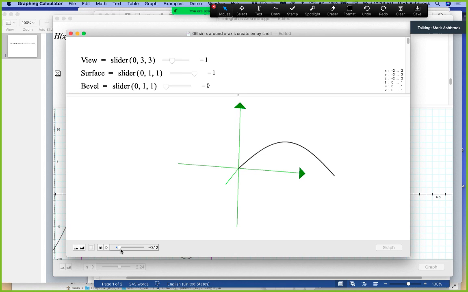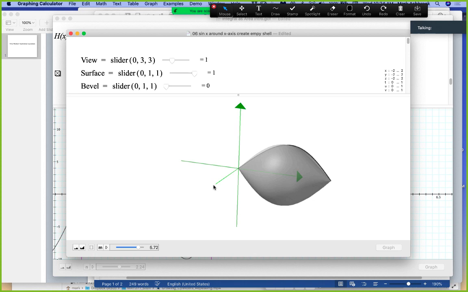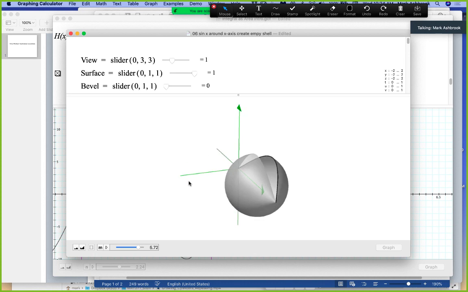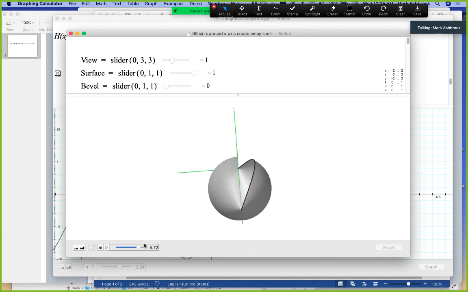If I rotated that curve around the x-axis, it would create an empty shell. I'll show you a side view here. The shell is almost done. Again, the x-axis is now coming right out at you, the y-axis is up, and we're going to rotate that curve around the x-axis and make an empty shell.